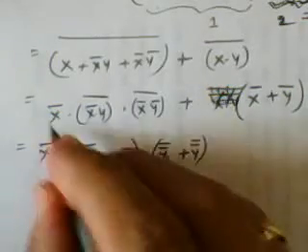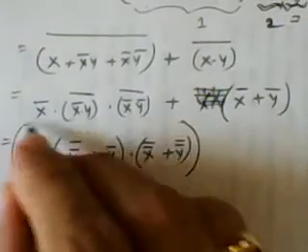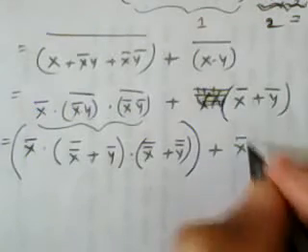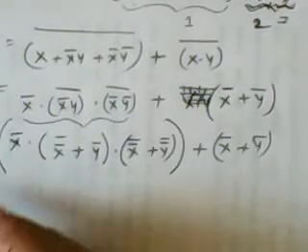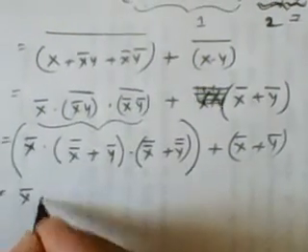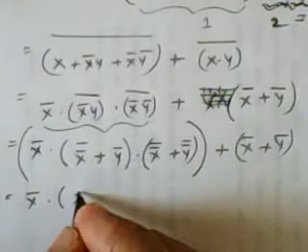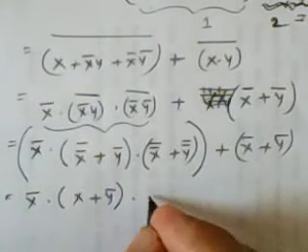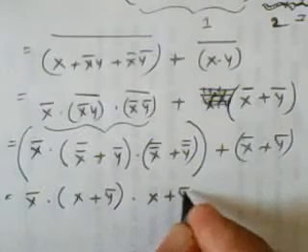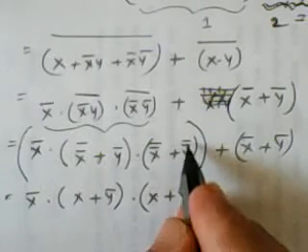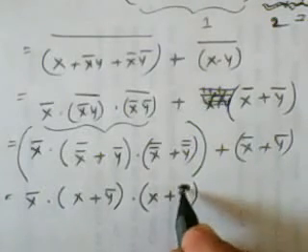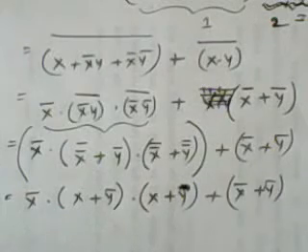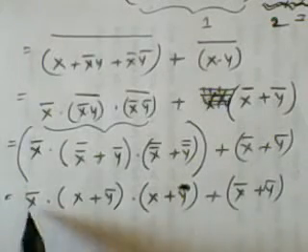Now this is because of the entire this term plus the same plus this one, x bar plus y bar. X bar dot x bar whole bar is x only, plus y bar dot x plus y, sorry, y with no bar, double bar cancel, no bar, y, plus x bar plus y bar. Now here multiply this.